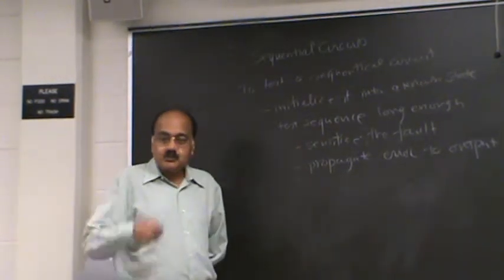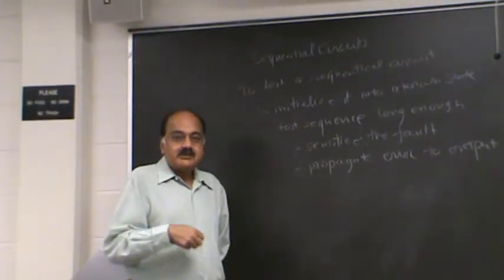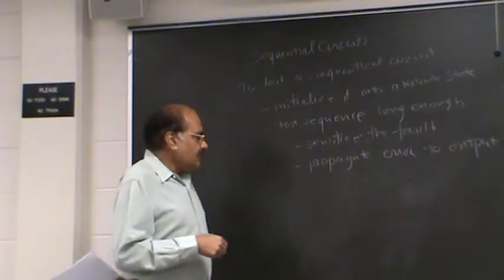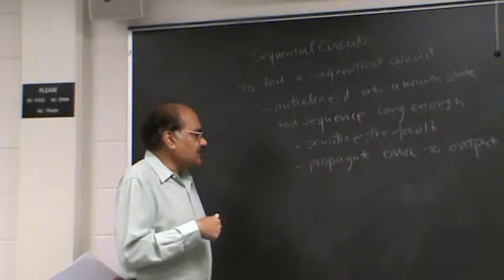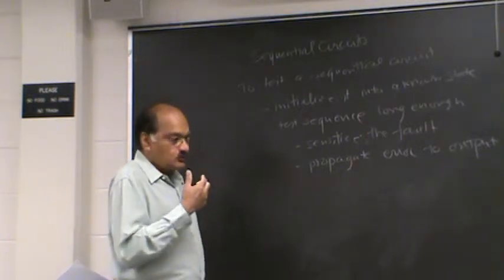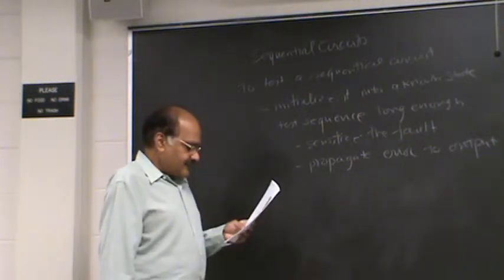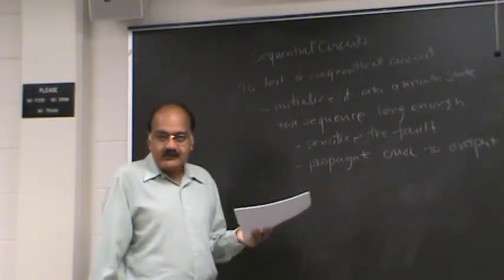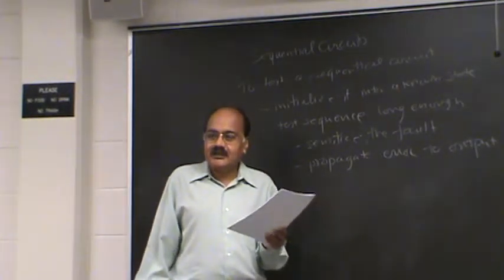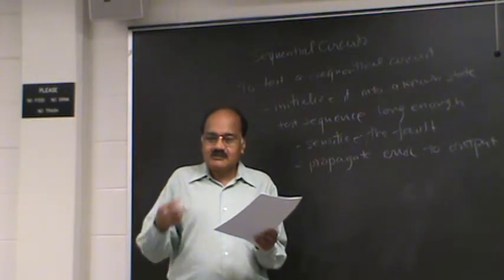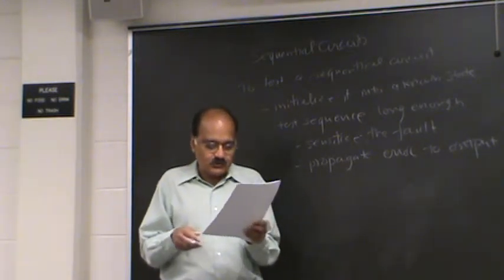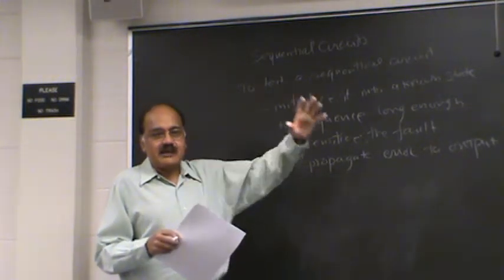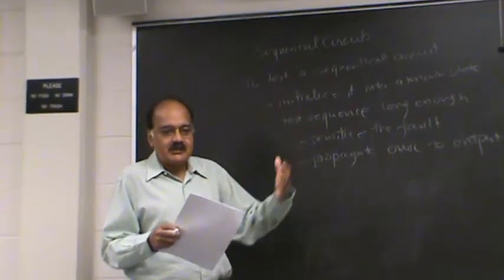Now, if it is a sequential circuit, it may take a few clock cycles for you to be able to sensitize it, and it may take a few clock cycles to propagate the error to the output. And if you have n flip-flops in a circuit, then you have 2 raised to n states. If you have a state diagram, you have these 2 raised to n states.